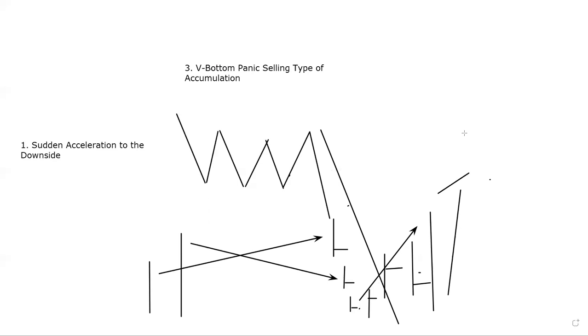Do you understand all these types of accumulation? This is the fourth one. Okay, all right. Now we have a fifth accumulation, which is very rare, but it occurs. The fifth one is selling climax, sorry.